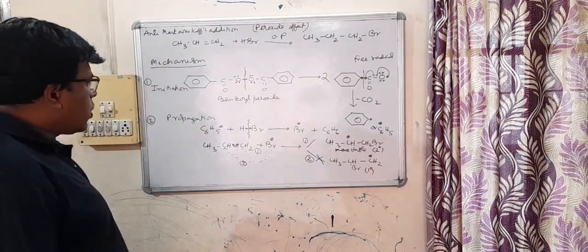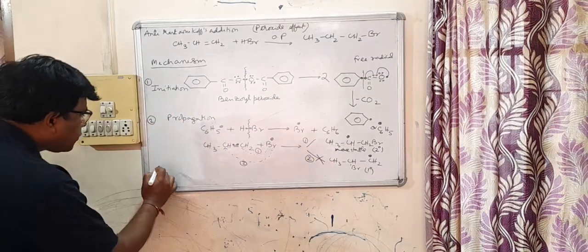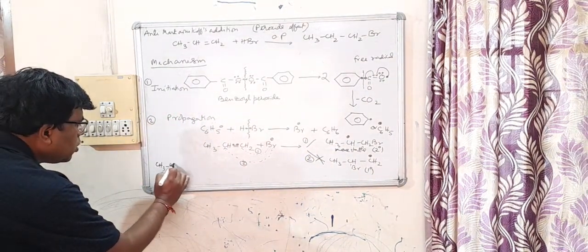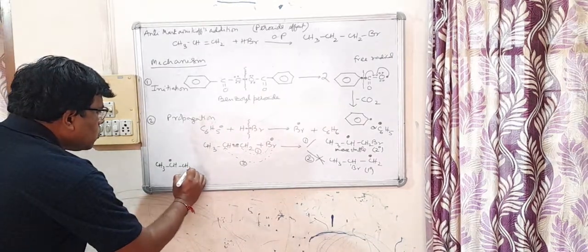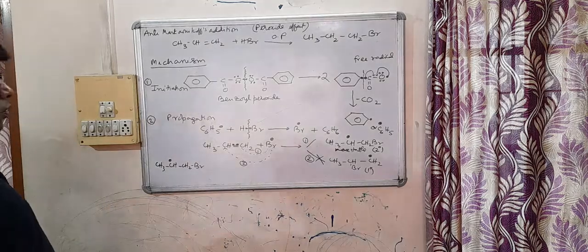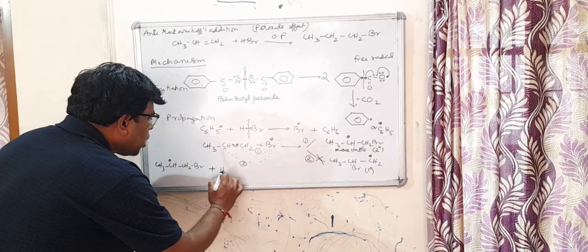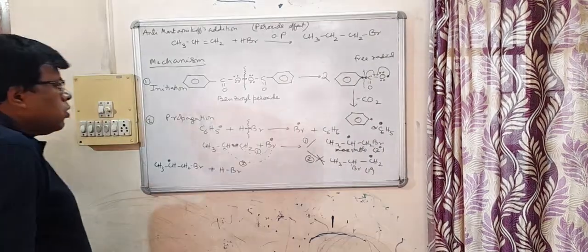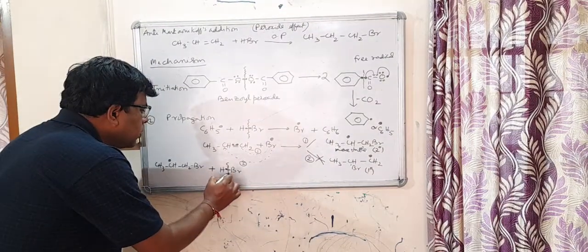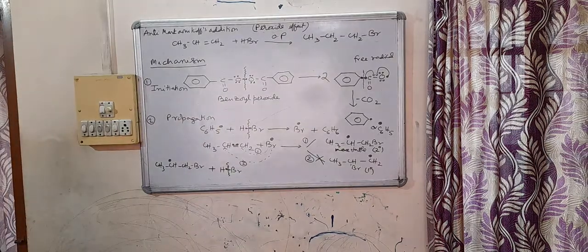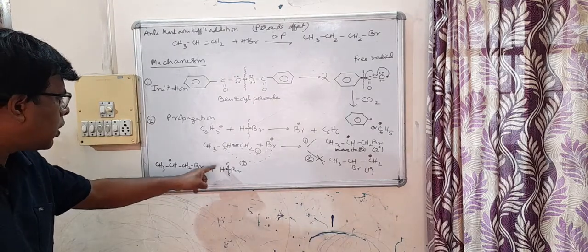Now after that, what will happen? It is also within propagation. So we will start with this now: CH3 CH dot CH2Br. This radical will attack another HBr molecule. Again, homolytic fission will take place, and this H dot will get attached here.